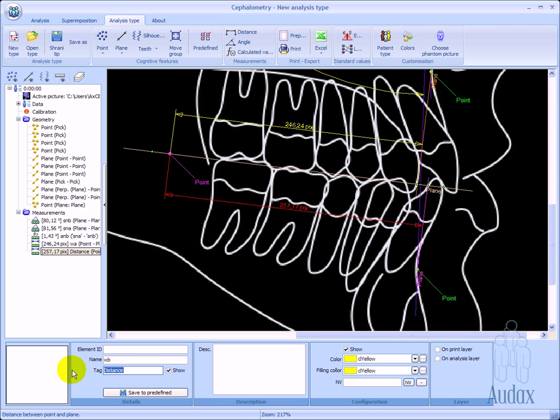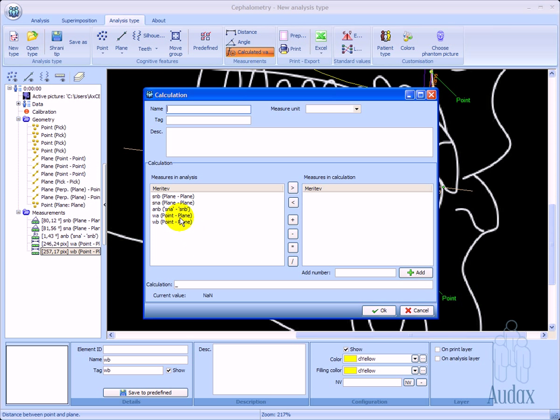The difference between these interim values, WA and WB, is the width value, which is also shown in the structure tree, and can be positive or negative.